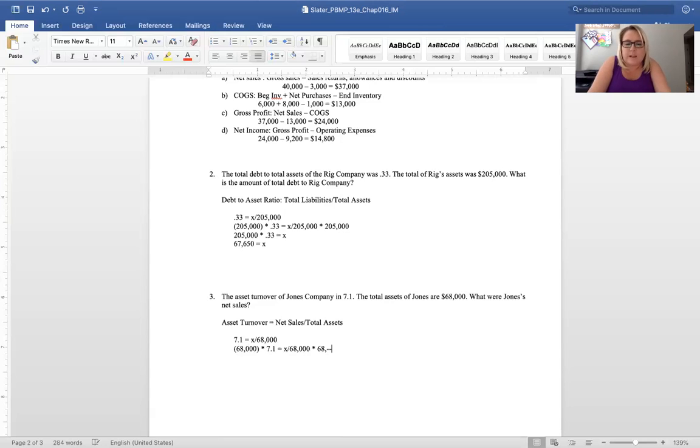So multiply both sides by 68,000. 68,000 times 7.1 equals X. So X must equal 482,800.